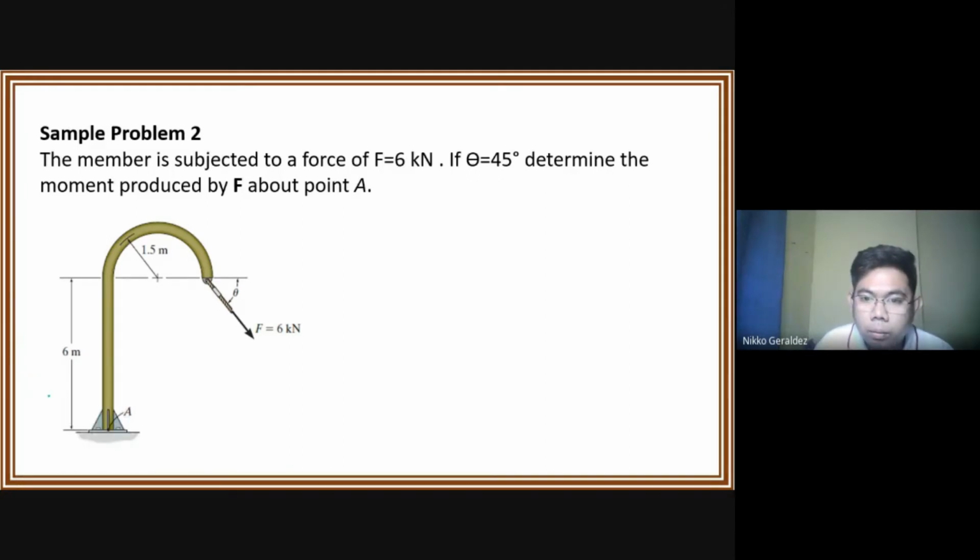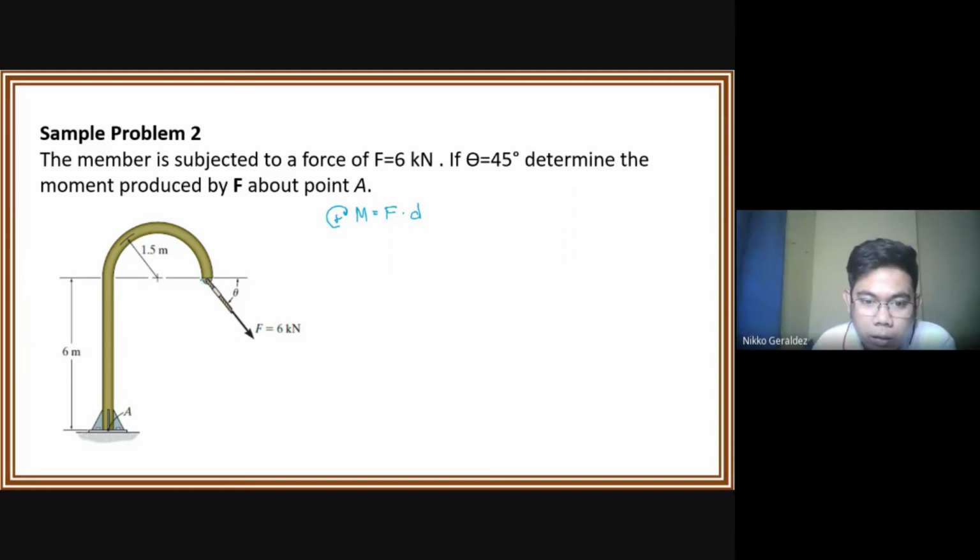So, moment is equal to force times perpendicular distance, clockwise, positive. So, given na yung force, so 6 kilonewton. So, wala tayong perpendicular distance. No?